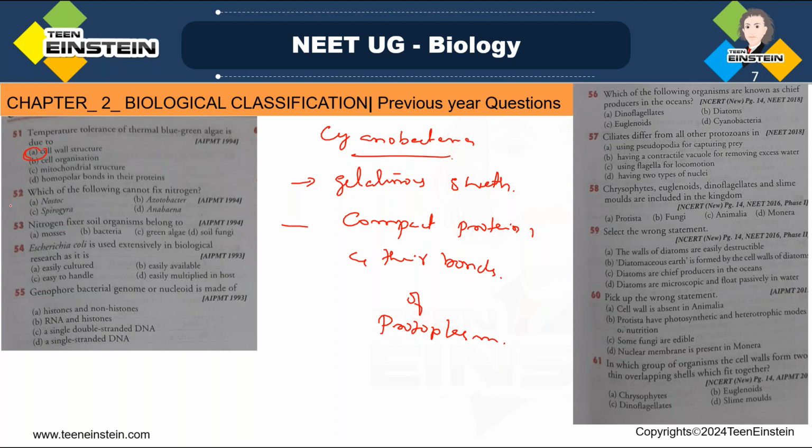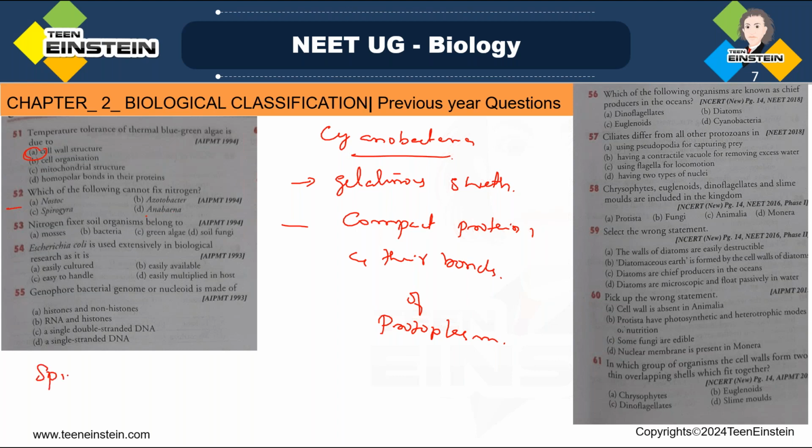Then question number 52. Which of the following cannot fix nitrogen? Here, Nostoc, Anabaena, Azotobacter, and Spirogyra. These are the options, right? Option A is Nostoc, option B Azotobacter, option C Spirogyra, option D Anabaena. Here you know that Spirogyra cannot fix atmospheric nitrogen because it is a member of green algae, isn't it?